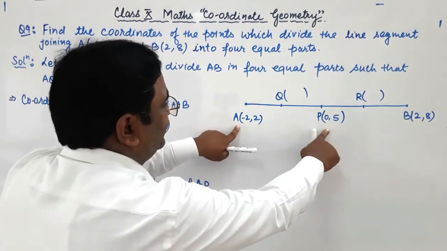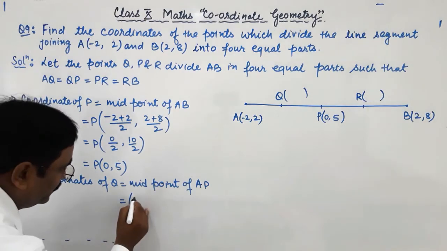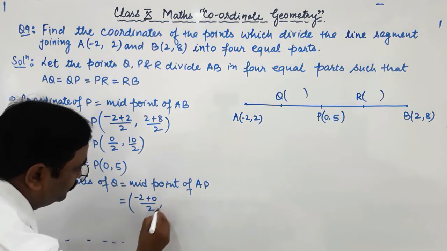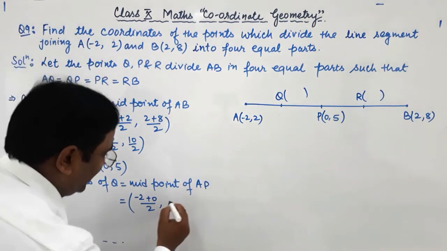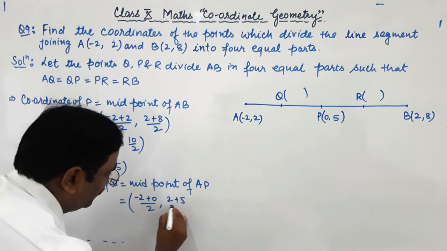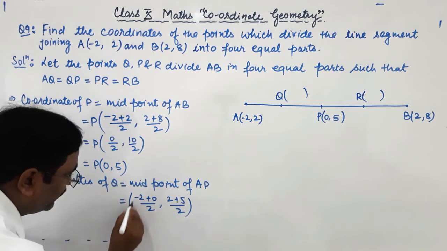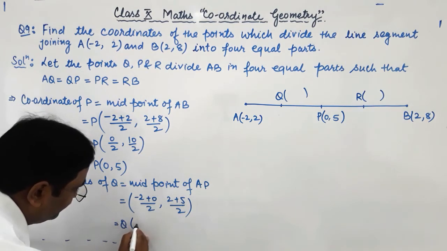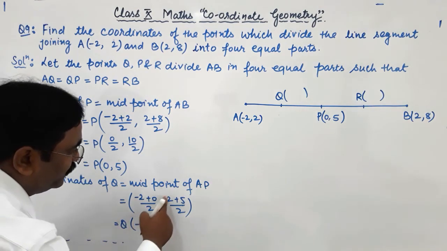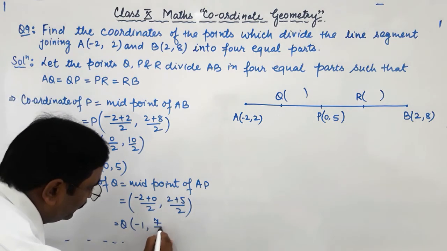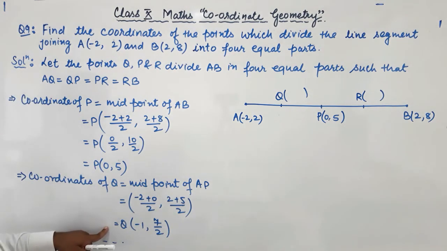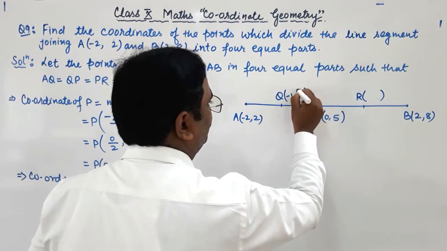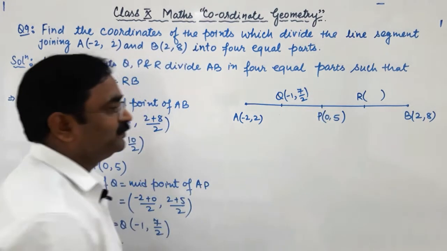You have the coordinates of these 2 points: minus 2 plus 0 upon 2 and 2 plus 5 upon 2, which gives you minus 2 upon 2 is minus 1 and 2 plus 5 is 7 upon 2. So we got the coordinates of Q also: minus 1, comma, 7 upon 2.